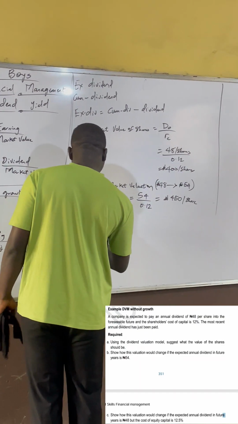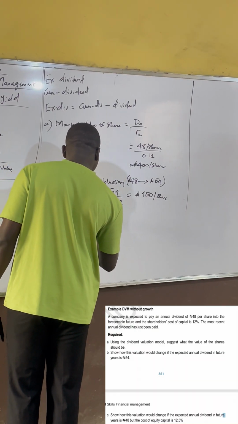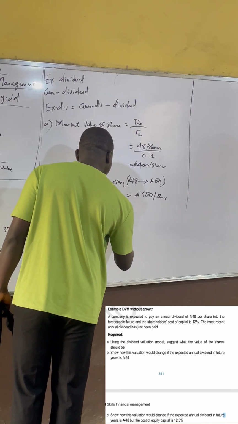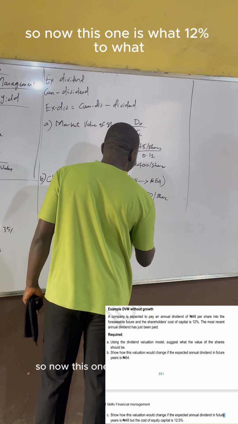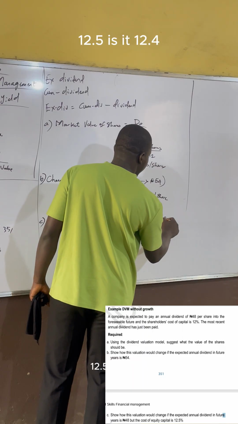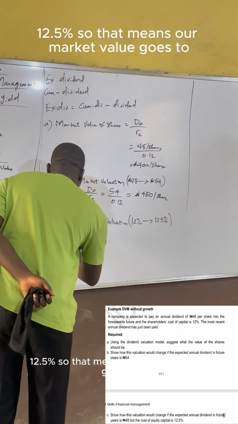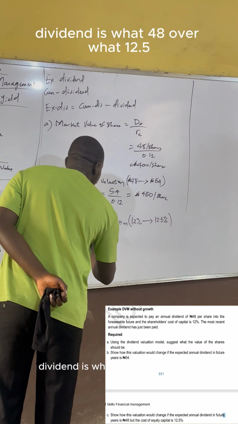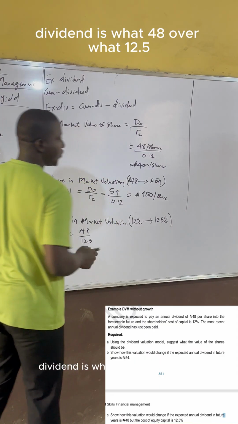Now, 12% to 12.5%. So that means our market value goes to dividend 48 over 12.5.